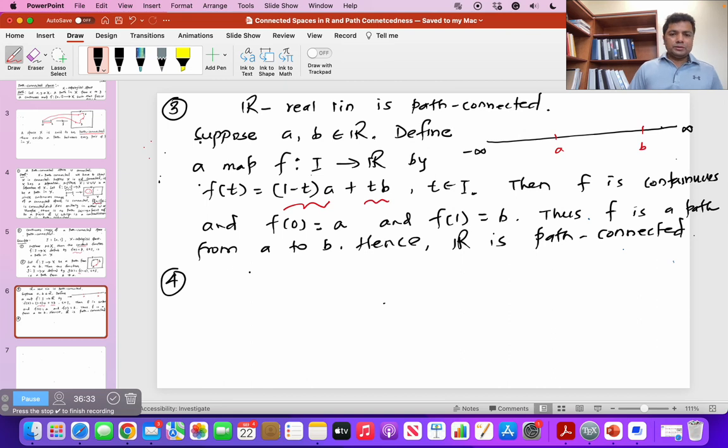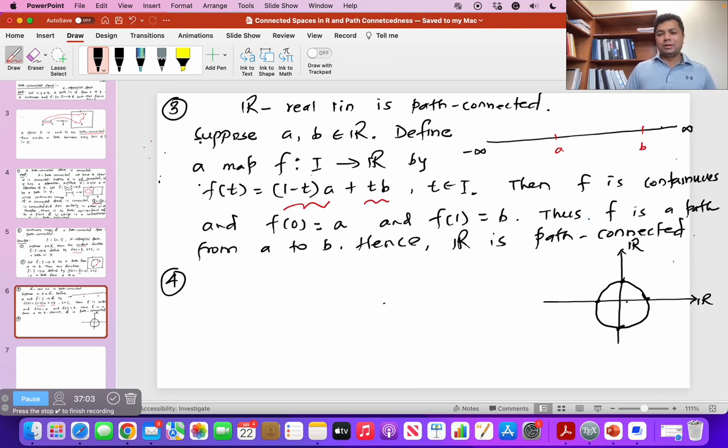Next example, let's say we have R2, the Cartesian product of R with itself, where the x-axis is R and the y-axis is R. And if we consider a unit ball here in R2, let's say this is the unit circle. I'm sure you are all very familiar with the unit circle.